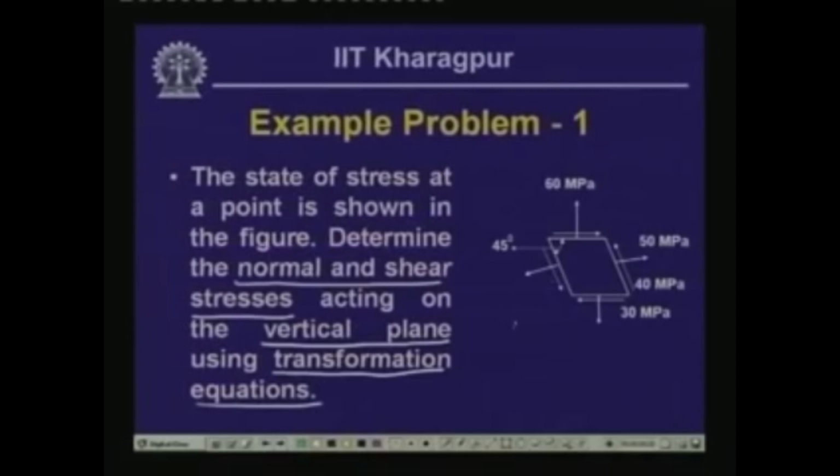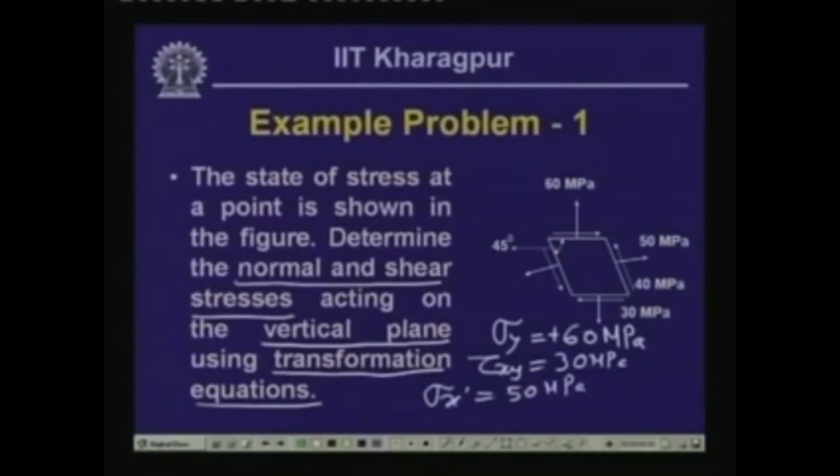Here the given values are σy equal to 60 MPa, which is positive, τxy given as 30 MPa, and on this particular plane, σx' the normal stress equals 50 MPa, and the shearing stress τx'y' equals 40 MPa.